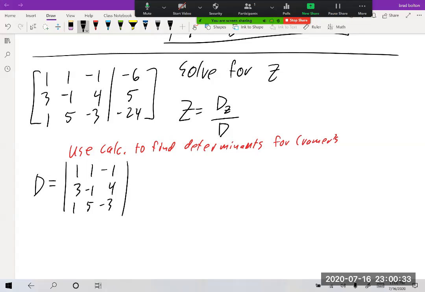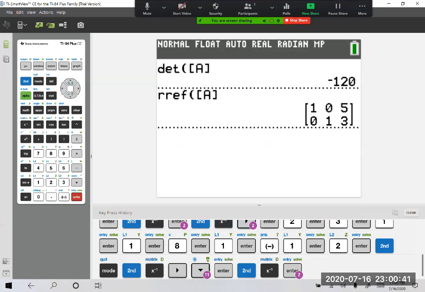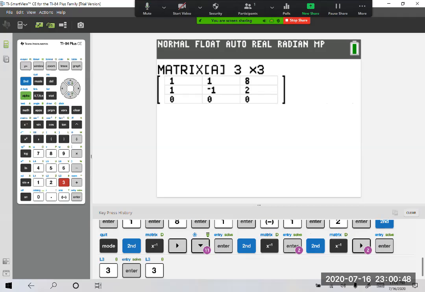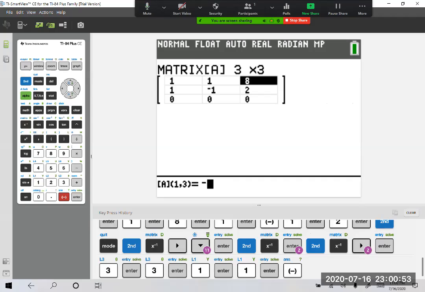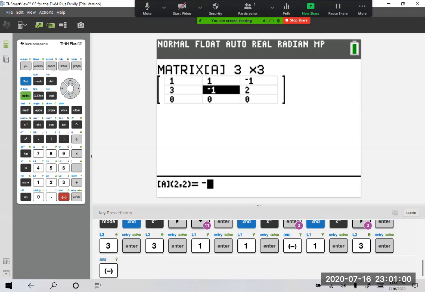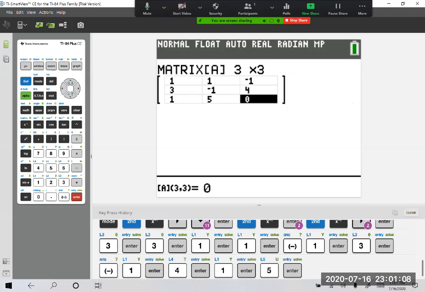So for Cramer's rule, I'm just going to take this and plug it in my calculator. I'm going to go to second matrix, edit, and this is a 3 by 3. And it is just 1, 1, negative 1, and then 3, negative 1, 4, and then 1, 5, negative 3.